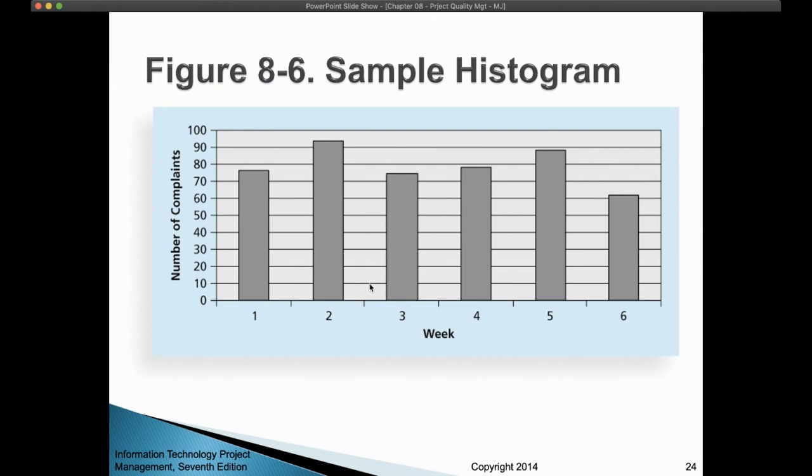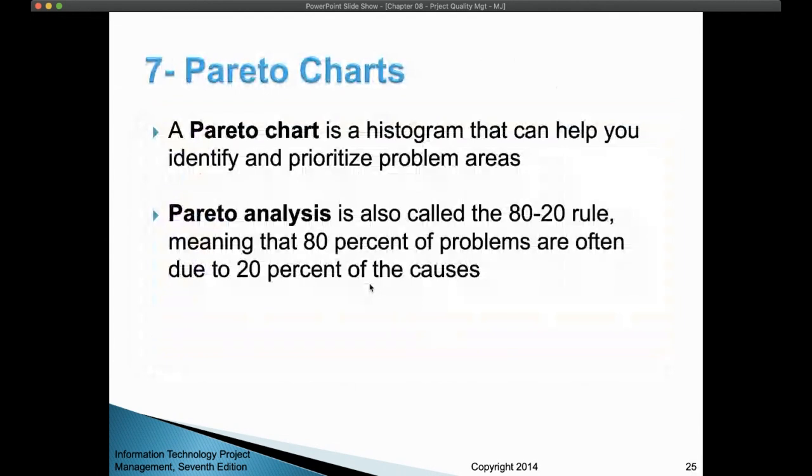So in the first day of the week, we received around 75 complaints. In the second day, we have more than 90 complaints, and like this until the end of the week. So we call this the histogram. It shows us the complaints based on their numbers during the timeline, which is the week.